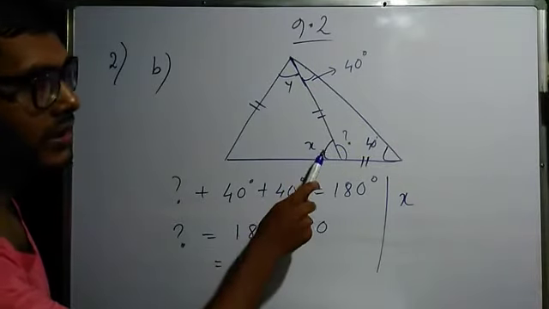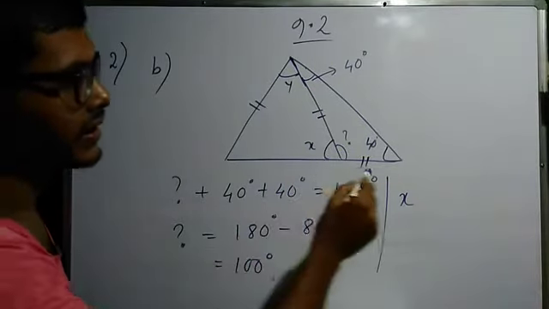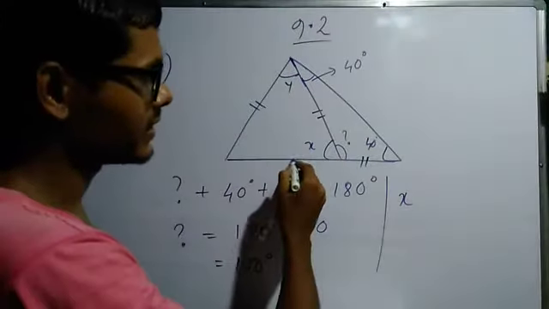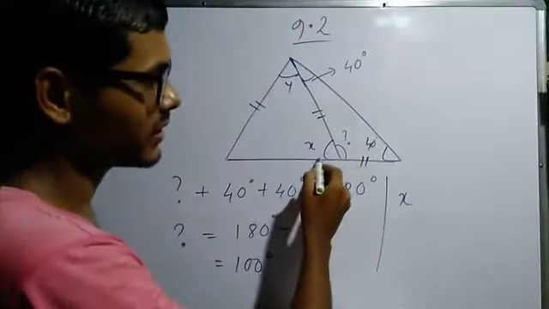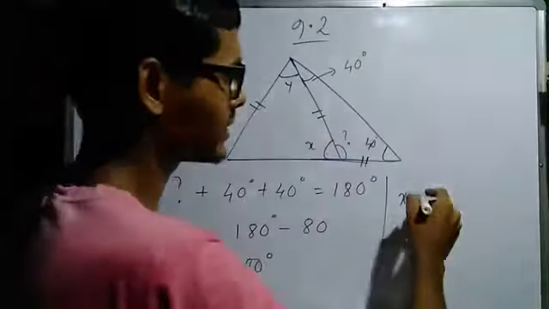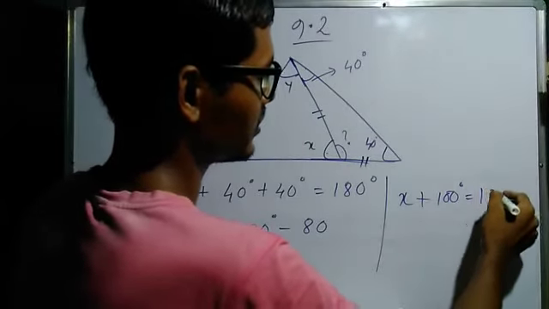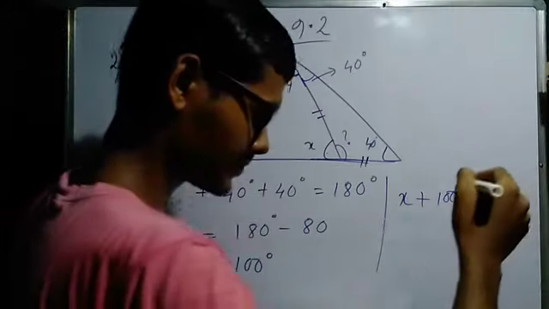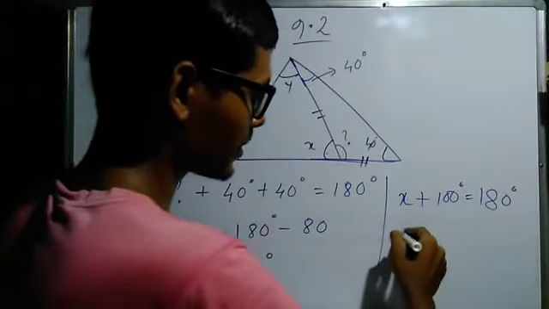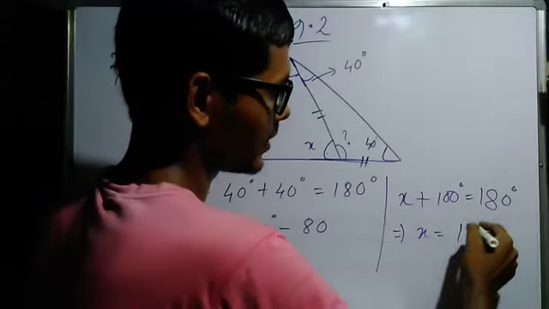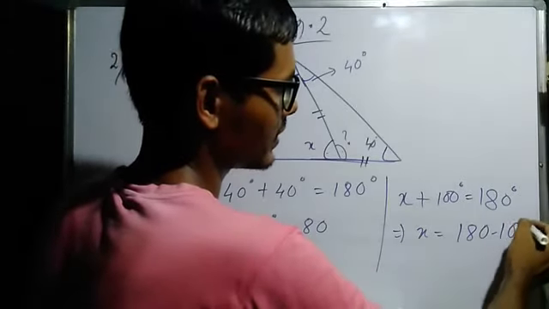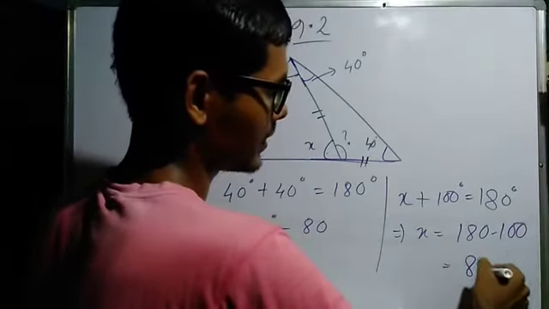If you add x and this 100 degree, you will get one straight line. X plus question mark equals a straight line, which means 180 degree. So x plus 100 degree equals 180 degree. What will be x? x is 180 minus 100 degree.